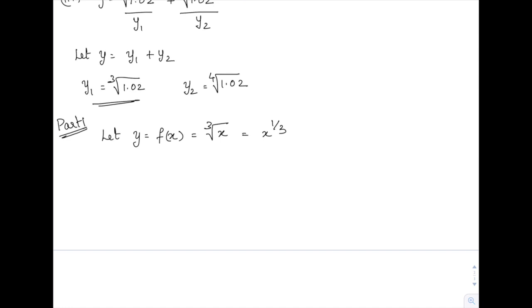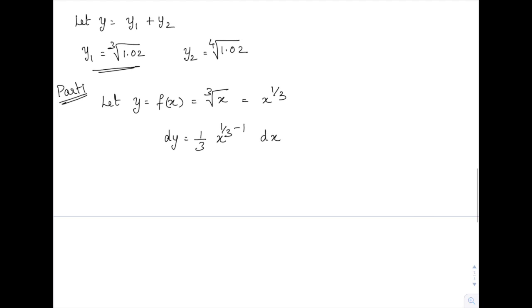So dy is equal to 1 by 3 into x to the power of 1 by 3 minus 1 into dx. Then dy is equal to 1 by 3 into x to the power of, 1 by 3 minus 1 will be minus 2 by 3, dx.